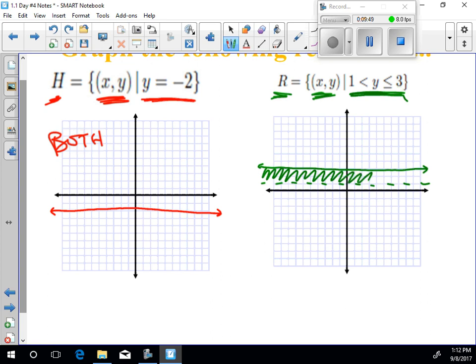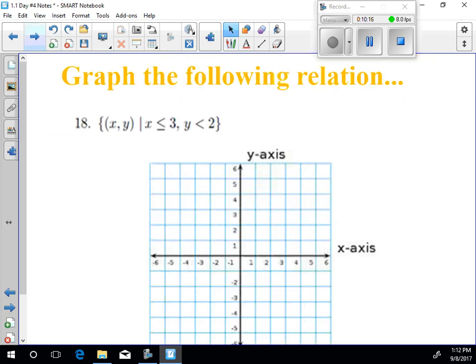It's all points such that y is between 1 and 3, equaling 3 as well. Would that be a relation? Yes, your immediate answer is yes. Function? No, it doesn't pass the vertical line test. Therefore, this is relation only. In pairs, try this one.